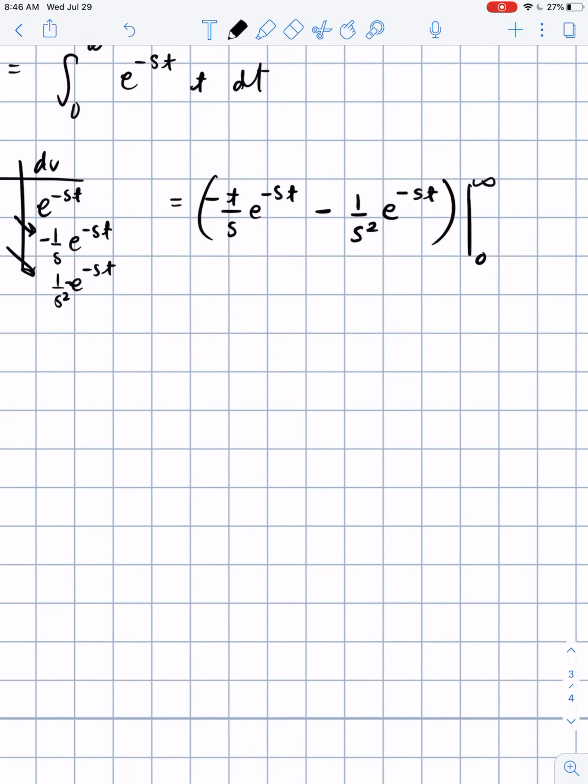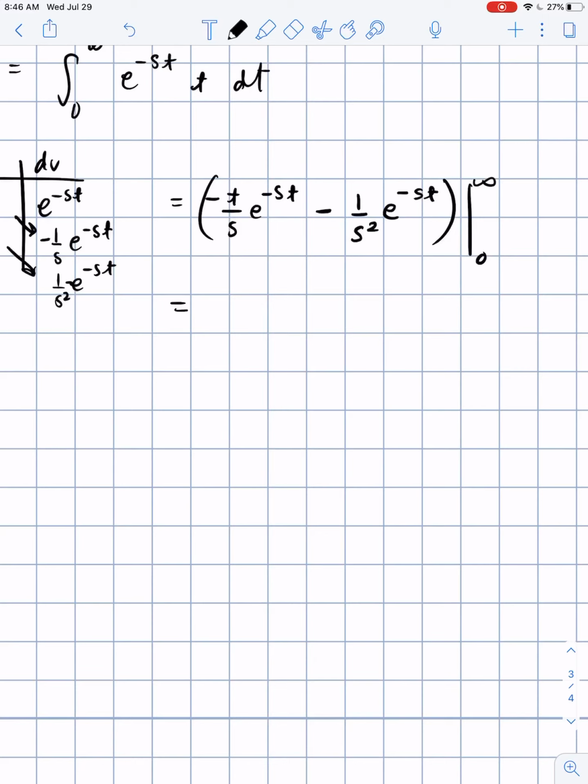If you want to plug in the b, that's fine. You're plugging in b for t, and b is going to infinity.